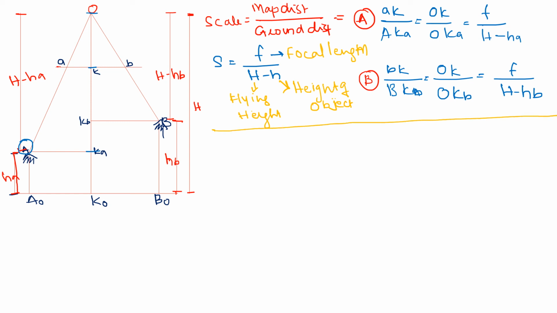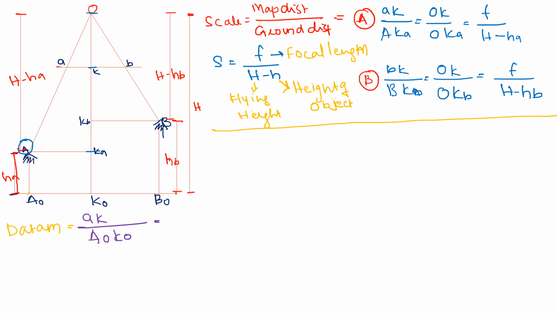Now I can write down the scale for the datum also. Let us see what the datum scale will be. So here instead of K, I'll be directly talking about the datum. I'll find out only for A. So the map distance AK, and the ground distance will be A naught K naught.